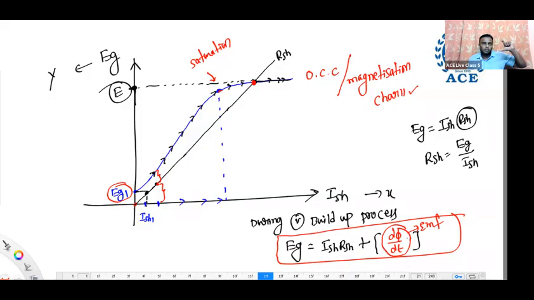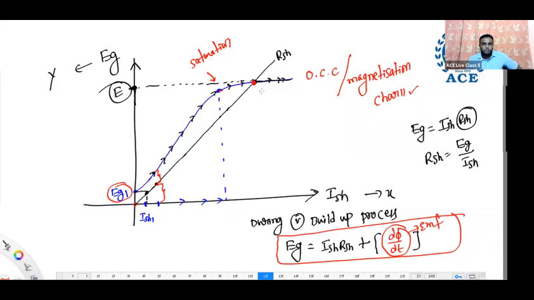Zero, because the differentiation of a constant value is 0. So during the voltage build-up process in a generator, there is an additional EMF induced in the field winding due to the rate of change of flux, and that EMF will disappear once the poles are saturated.